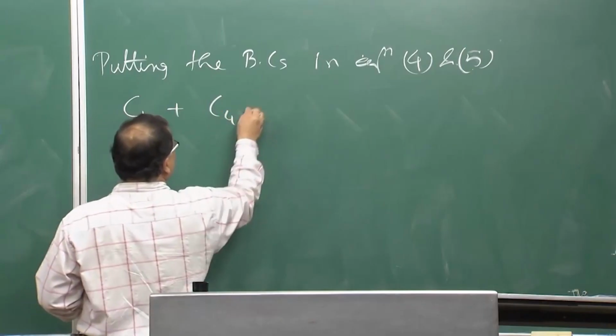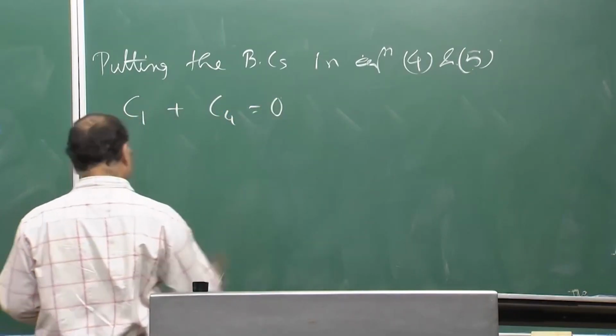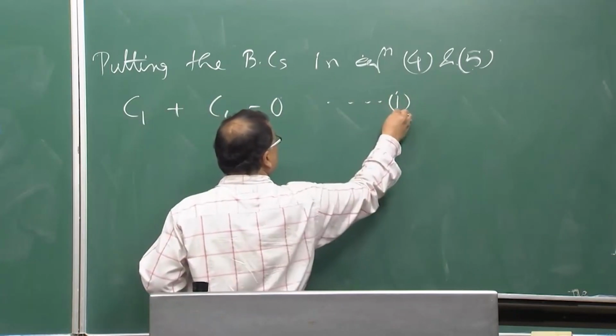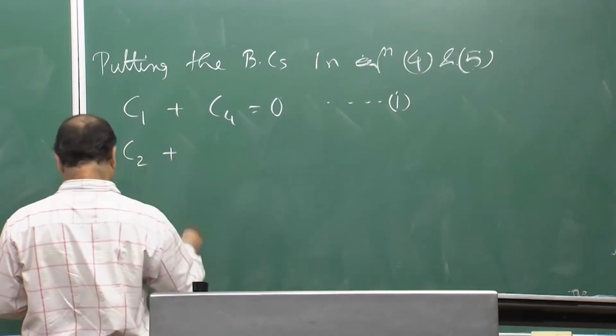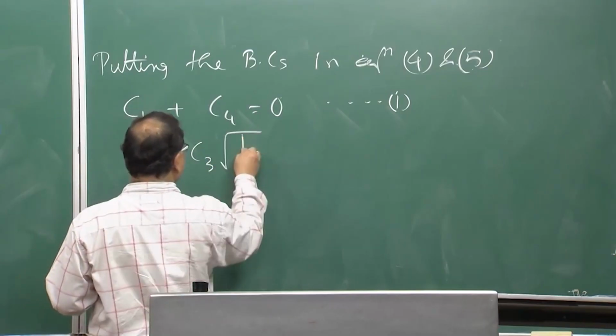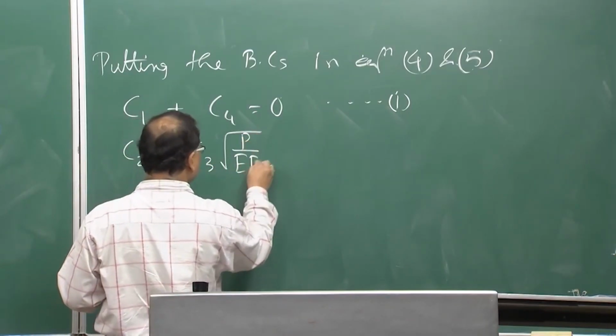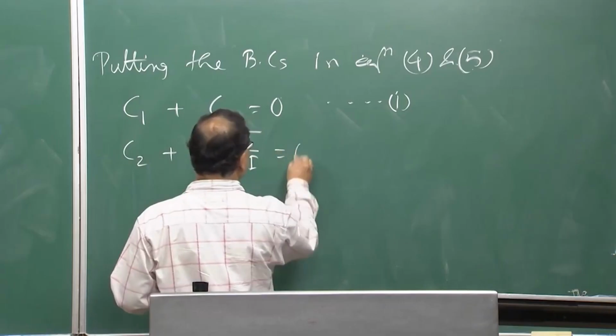C1 plus C4 equal to 0. Let us say this is equation 1. Then C2 plus C3 root over P by EI equal to 0.